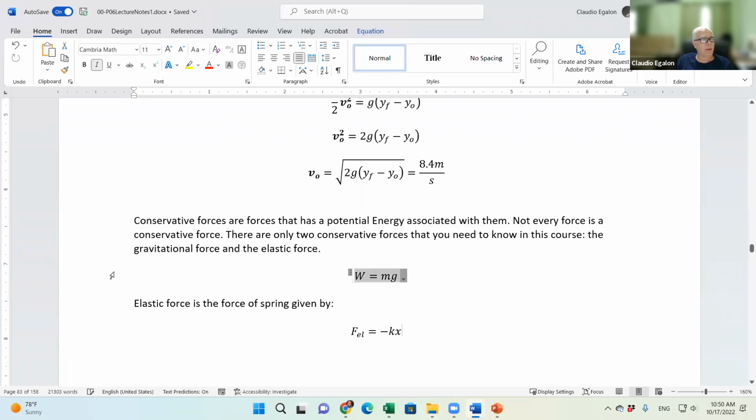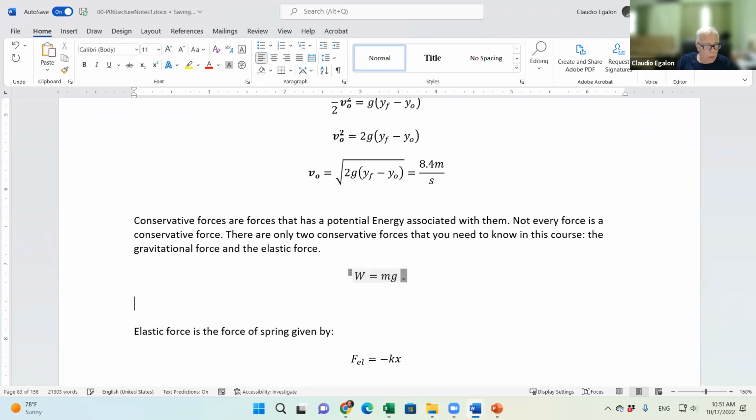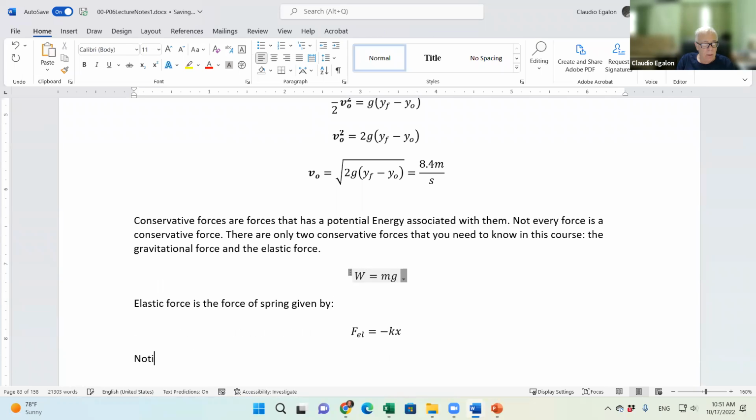Notice that the weight does not depend on the position, but the elastic force does, right? Notice that. Now, one more thing.